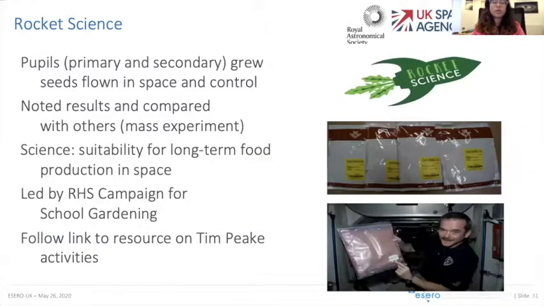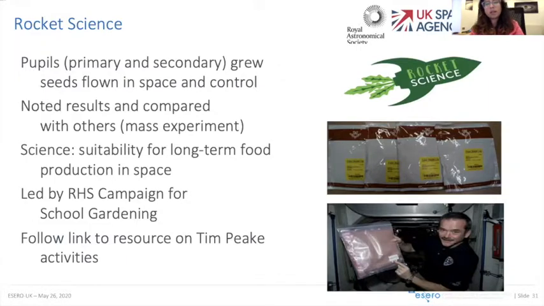Rocket science was based on horticulture and gardening and geography. So they sent a big packet of rocket seeds into space, and then when the seeds came back down again with an astronaut, they were set into little packets and sent into schools to see if schools could grow rocket, as in the lettuce, to see if they could grow after they'd been up into space.